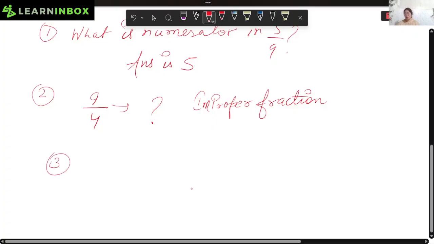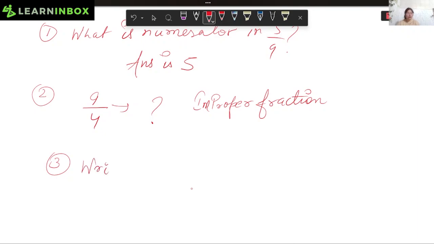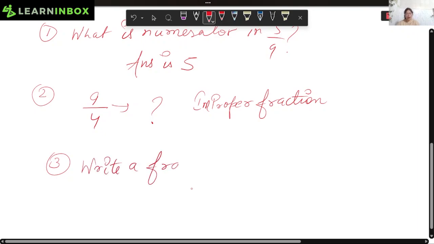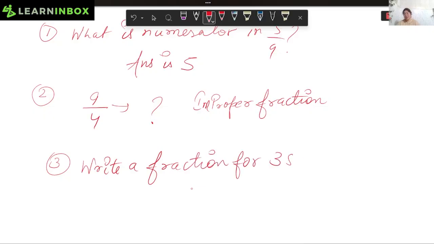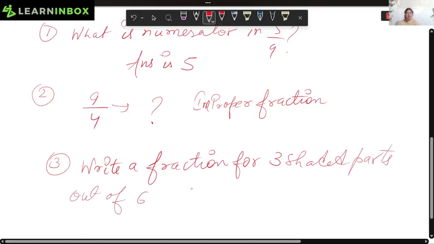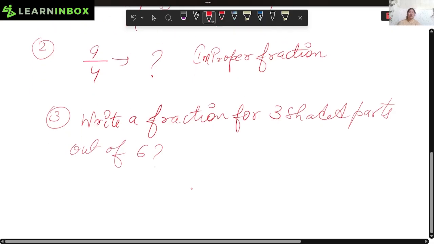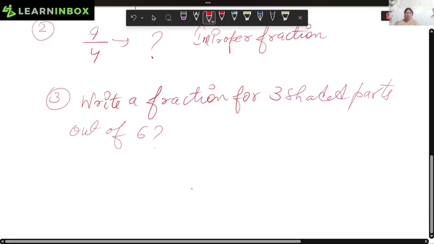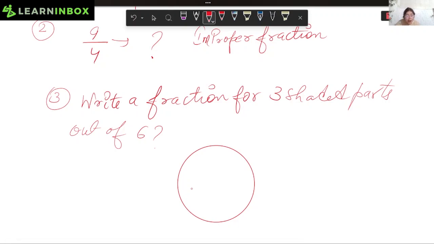Third question. You have to write a fraction for 3 shaded parts out of 6.